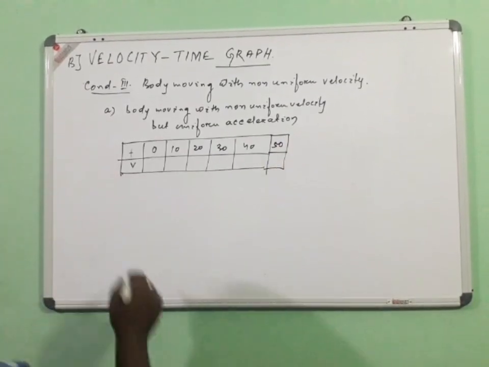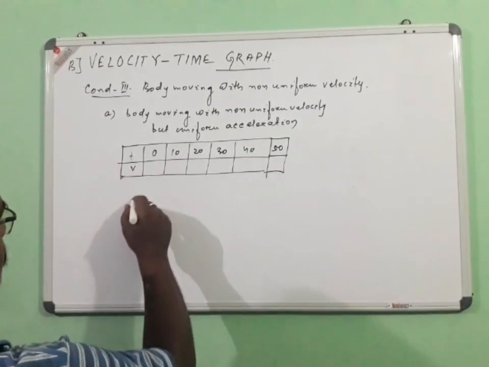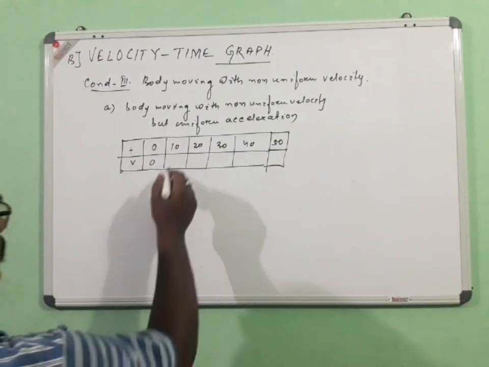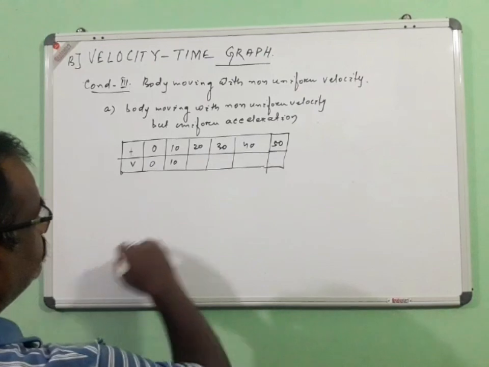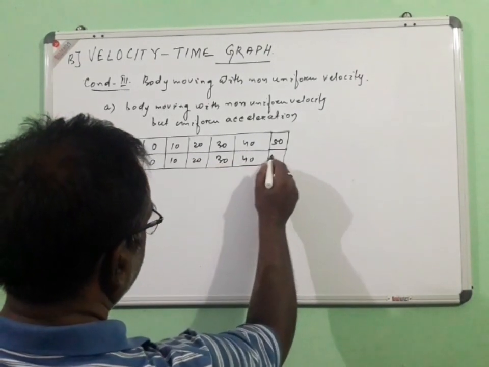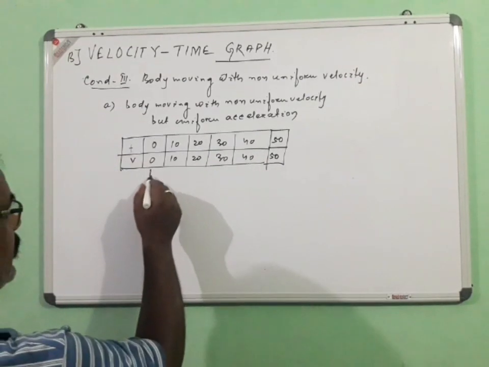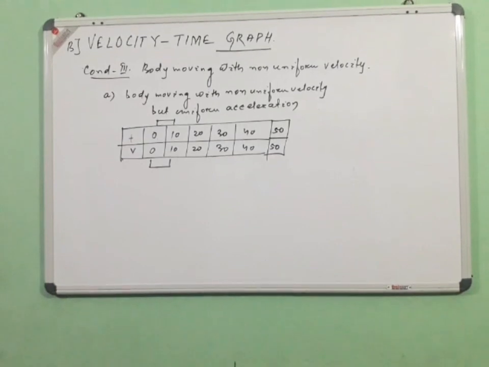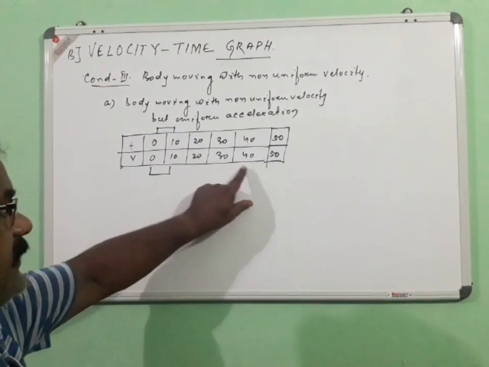So here at 0, consider that the velocity is 0, or the body is at rest. Now here after 10 seconds it becomes 10, after 20 seconds it becomes 20, 30, 40, 50. So in such cases you could see that the rate of change of velocity remains constant, but the velocity at every instant goes on changing.